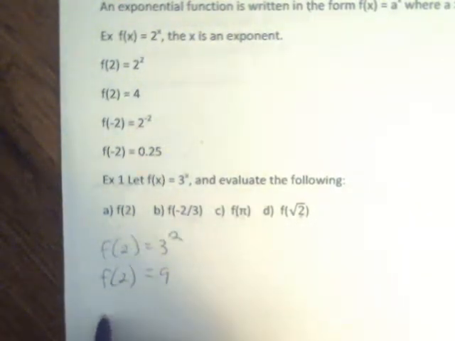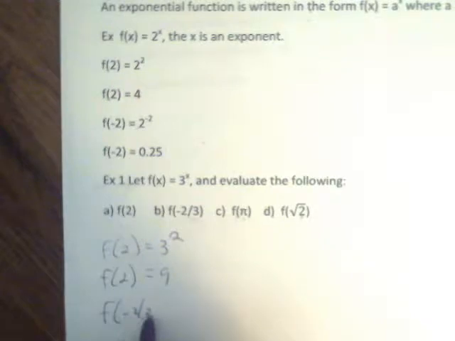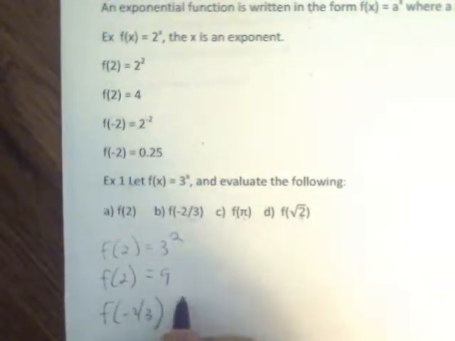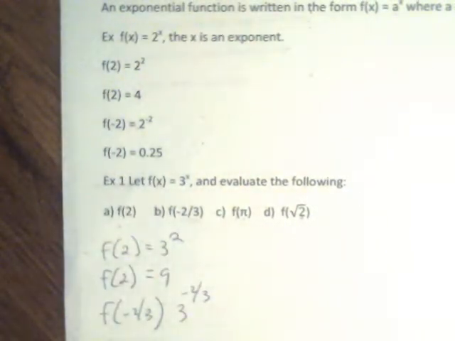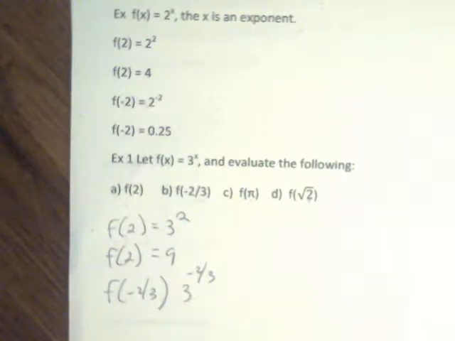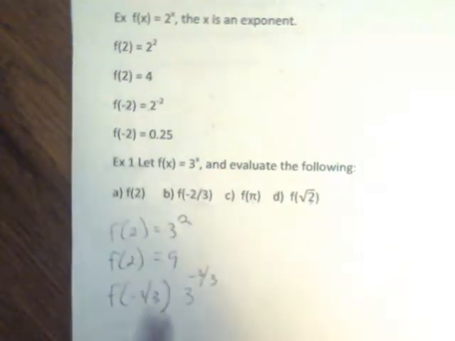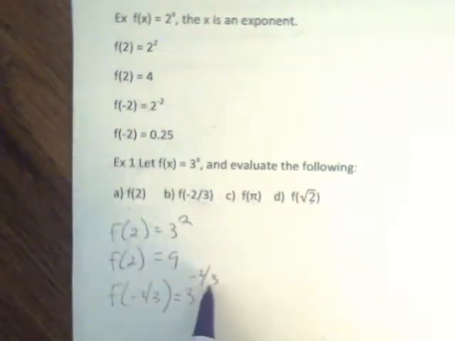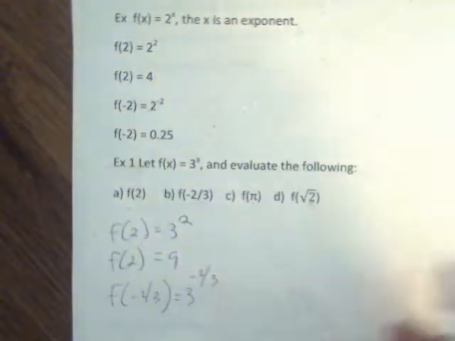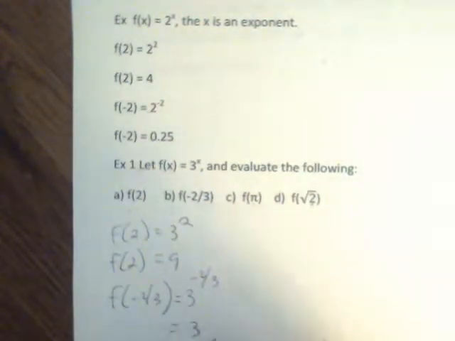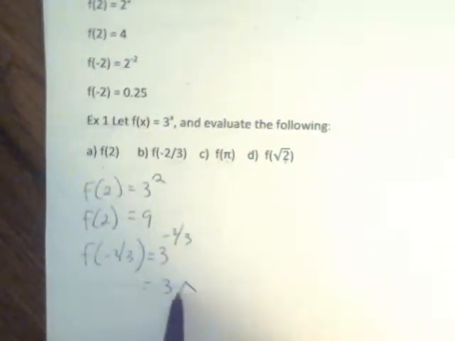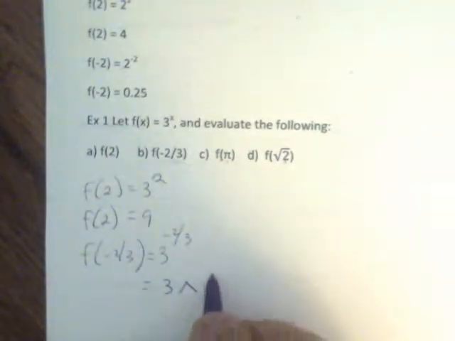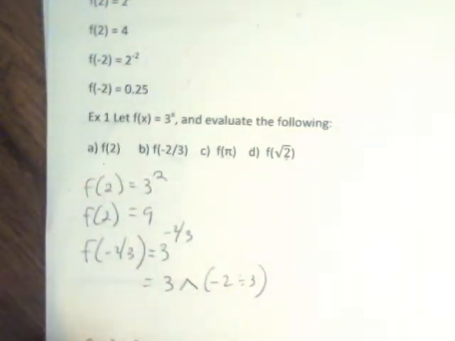So if I want to find f of negative 2/3, it is 3 raised to the negative 2/3 power. What you've got to do is type in this exponent, and more than likely, most of your calculators have that button right there. And then you've got to put inside parentheses the negative 2 divided by 3.